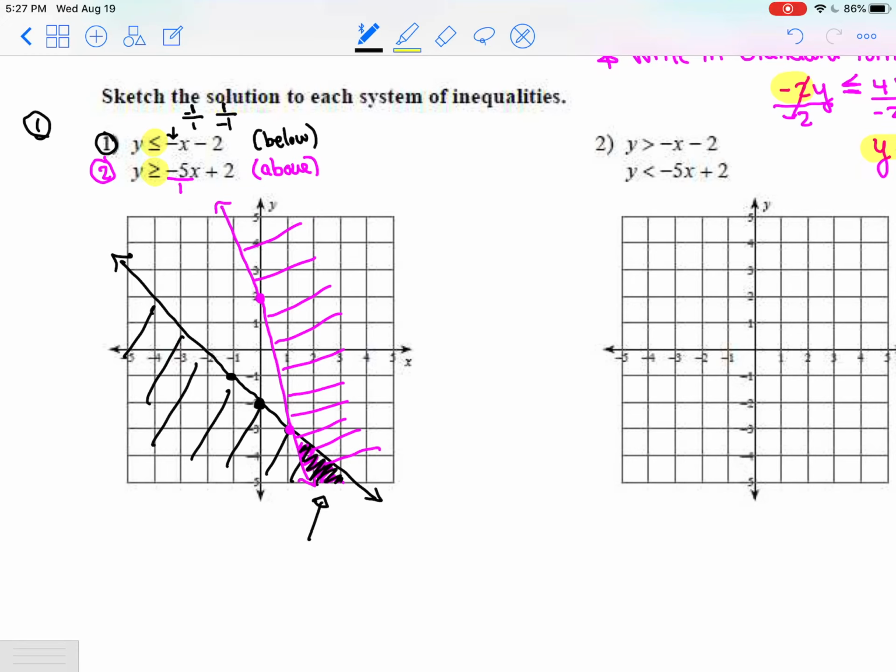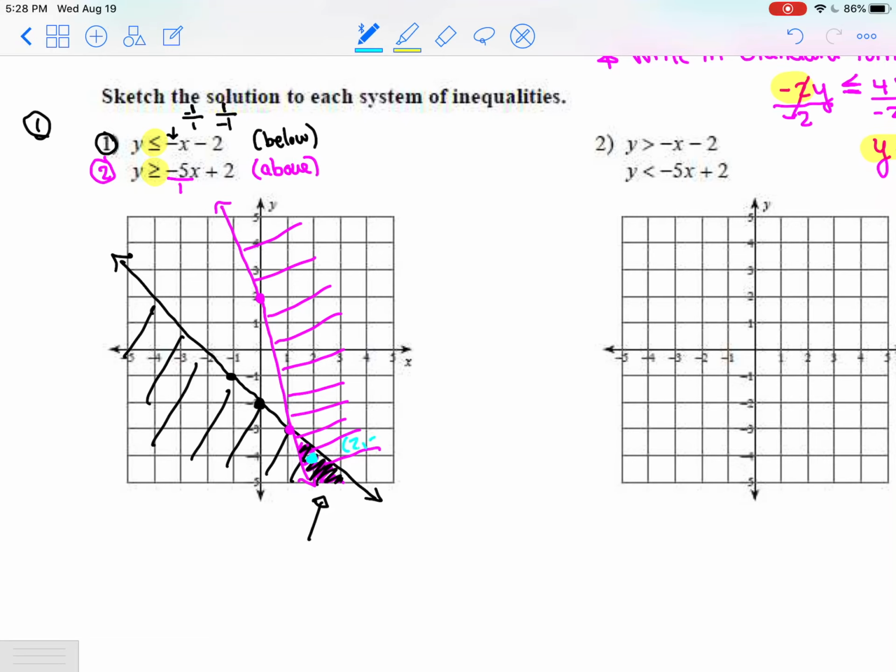Now it's kind of hard to see because I shaded it pretty darkly here, but if we were to pick a point at 2, negative, let's see, 1, 2, 3, 4, 2 negative 4. Okay, so 2 negative 4, let me just use a different color here. Maybe we can find it right here.